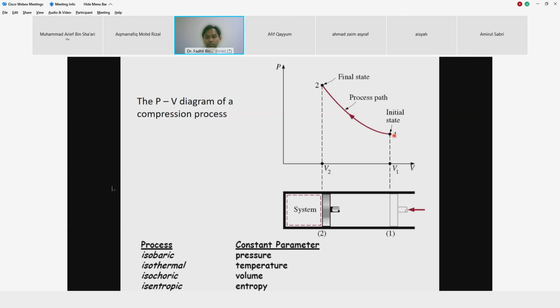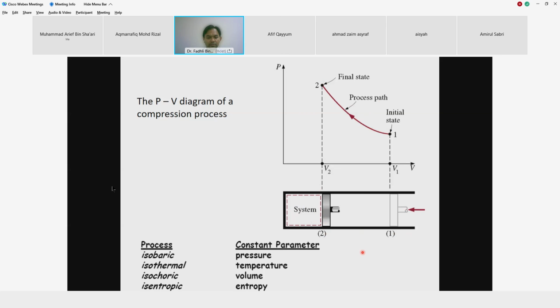This is the initial state, state 1, and state number 2. So the process is from 1 to 2. This line, a straight line, is called the path. It can be straight or it can be a curved line. So this is a path. 1 to 2 is the process.